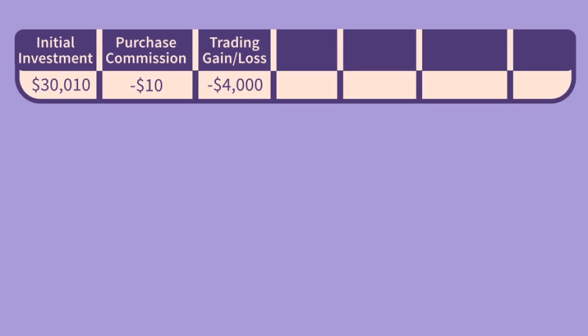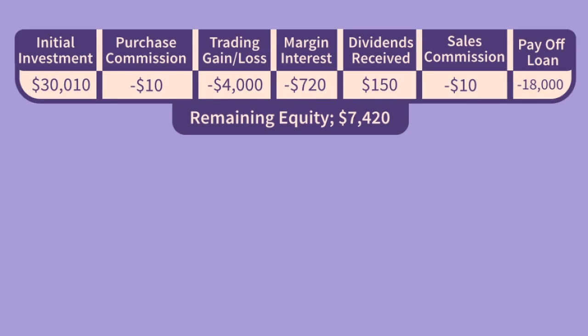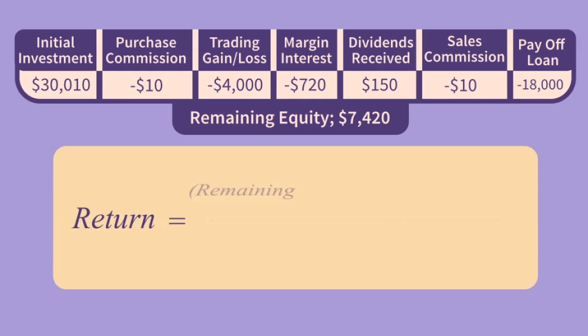Deducting the commissions of $20, the margin interest of $720, adding in dividends, the remaining amount equals $25,420. Lastly, the trader must pay back the loan of $18,000. The remaining equity is $7,420. Finally, we can now calculate the return by plugging in the numbers.